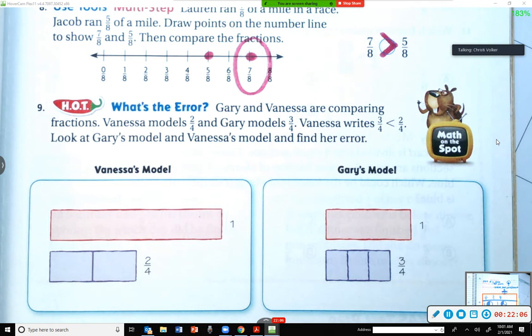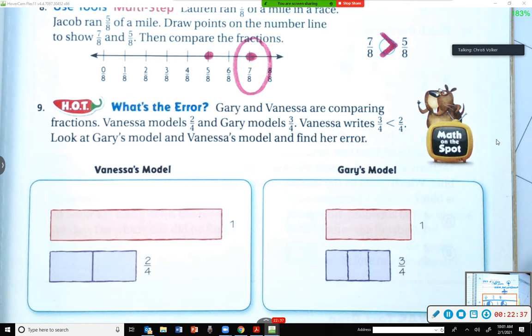So what did they do wrong? Allie, you see something wrong? Mm-hmm. What's wrong with it? It says they ate 3, and it says there's 4, but there's only 3.